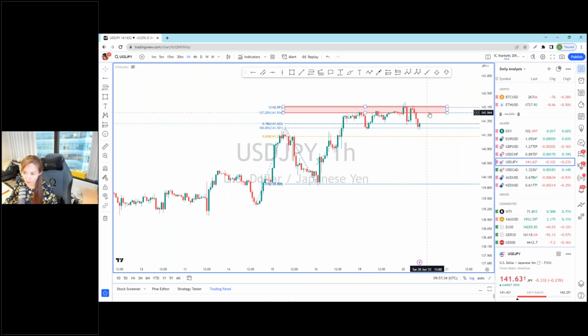This is our resistance zone. If price goes around this zone, we're going to sell, or this is where we can take profit. If you still remember the extension numbers, I use them to predict or set my TP, take profit.